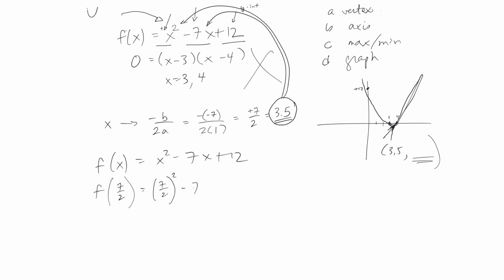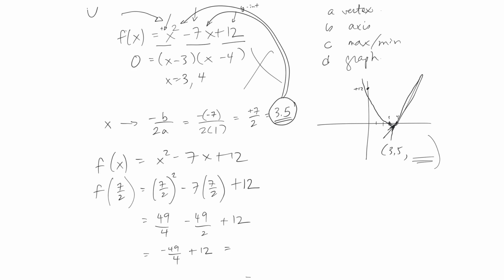Squared minus 7 times 7 over 2 plus 12. So that'd be 49 over 4 minus 49 over 2 plus 12. So that would be 49 over 4, negative 49 over 4, I think, plus 12.